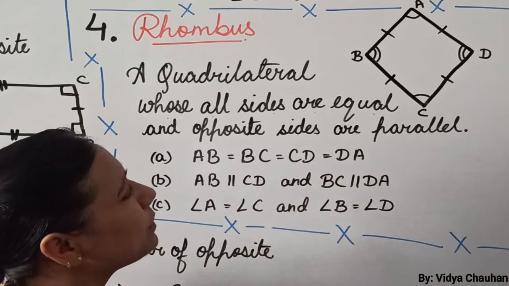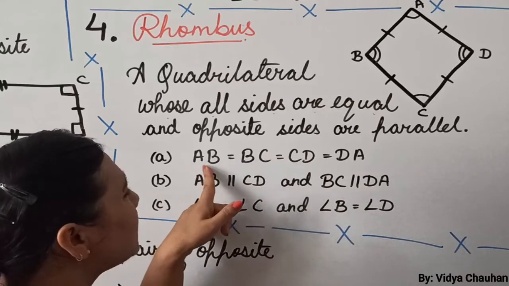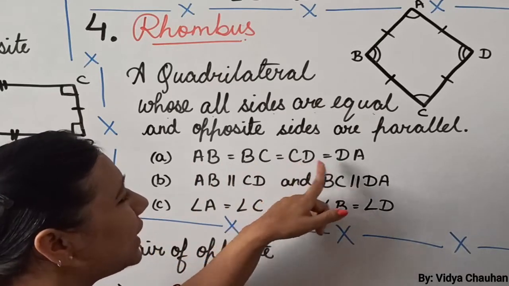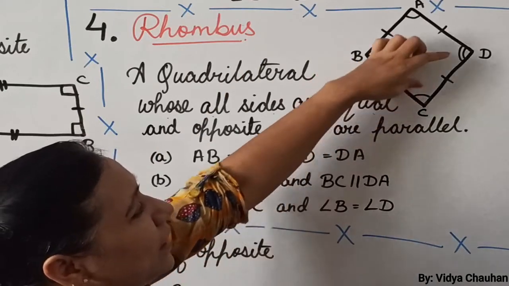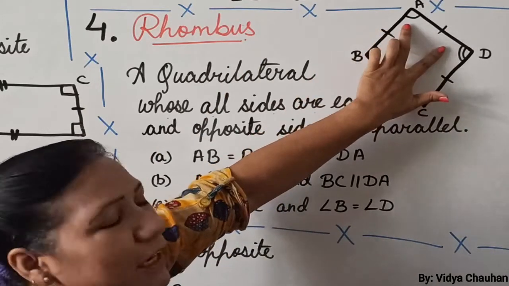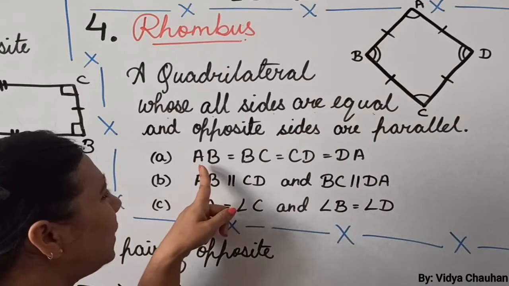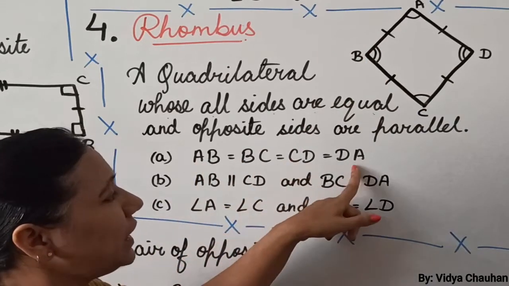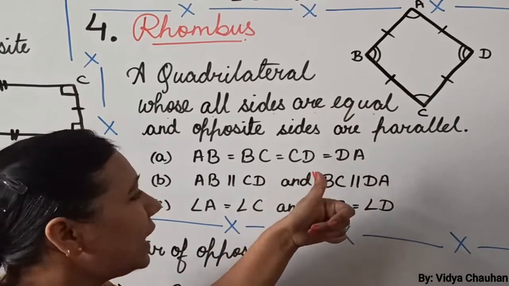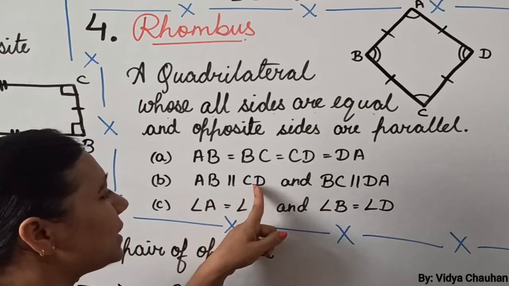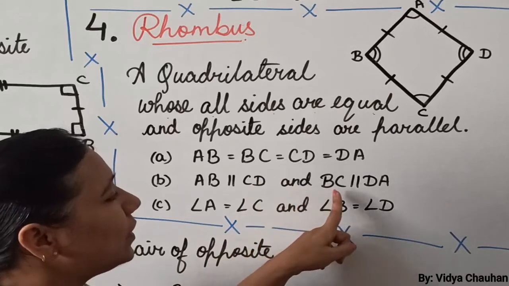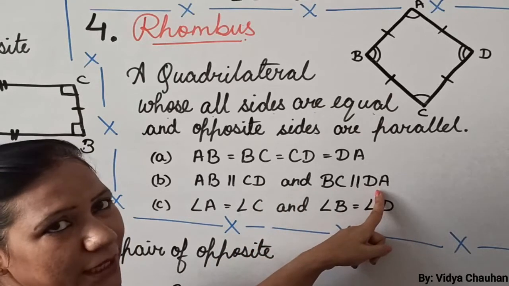Now, if we discuss the properties here, the first property is all four sides are equal. That means side AB is equal to BC is equal to CD and equal to DA. So this is written here, AB equals BC equals CD equals DA. Second property, the opposite sides are parallel. That means AB is parallel to CD and BC is parallel to DA.